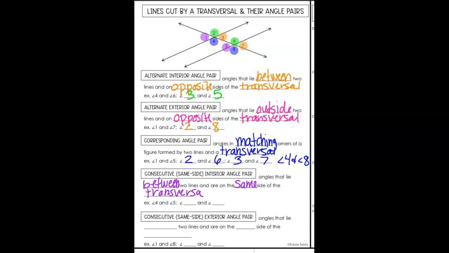So this time, when we're talking about our transversal line here, they're going to be on the inside, but on the same side. So on the inside and on the same side, we have angle 4 and angle 5. Then we also have angle 3 and angle 6.